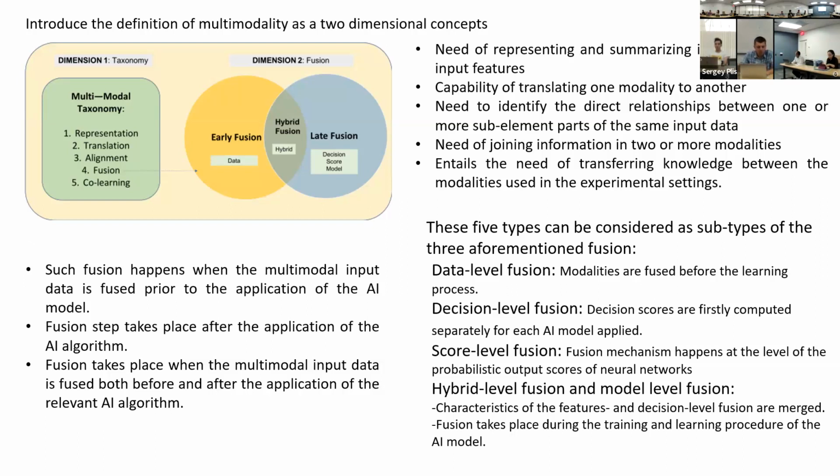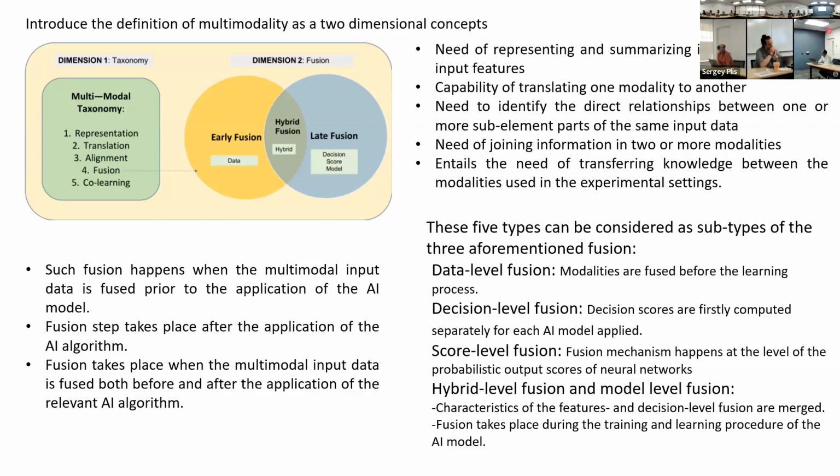Translation needs to translate one modality to another. Alignment needs to identify the direct relationship between one or more sub-element parts of the same input data. Fusion is the need of joining information from two or more modalities. And co-learning is the need of transferring knowledge between modalities used in the experimental settings.